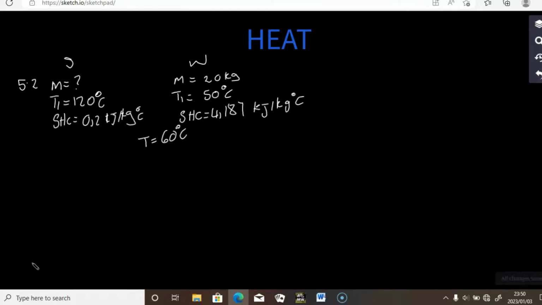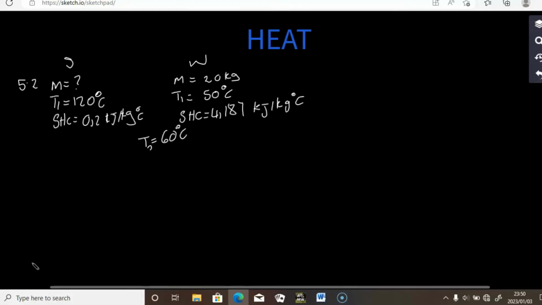The temperature, which is T1, is 50 degrees Celsius. For the specific heat capacity of water, there is a table on the question paper, so it is just a matter of going to that table, looking for the specific heat capacity of water and extracting it. We are then given T2, which is the final temperature of both the silver and the water.